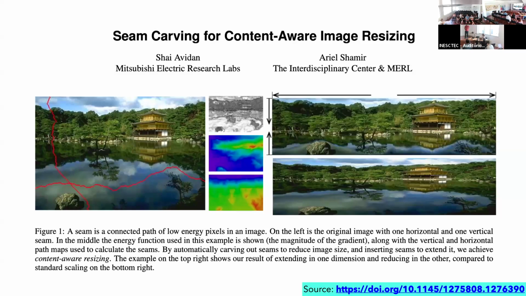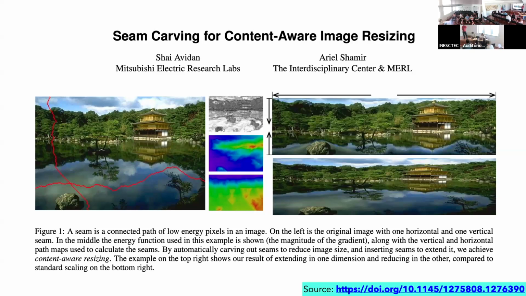My first contact with this problem was with this paper, Seam Carving for content-aware image resizing. It's a very traditional and old paper, about 2007. It's an application to enlarge an image while we preserve the relevant content.